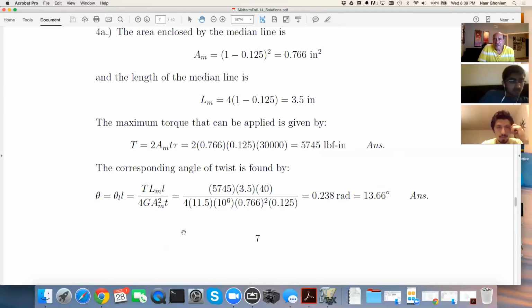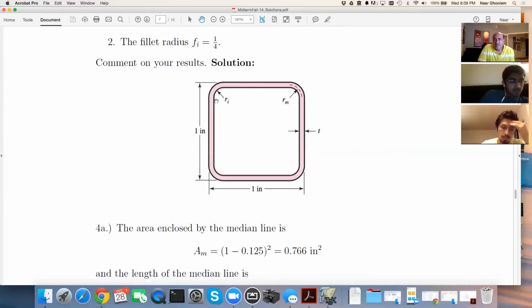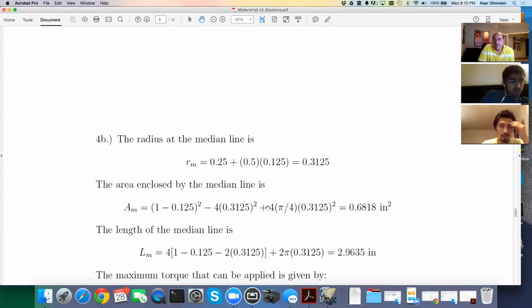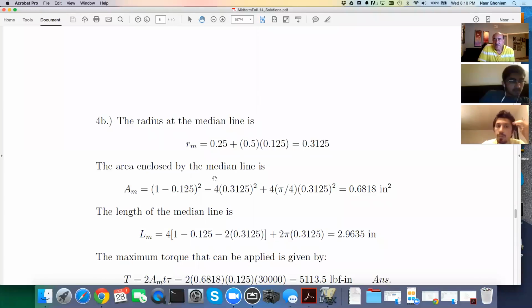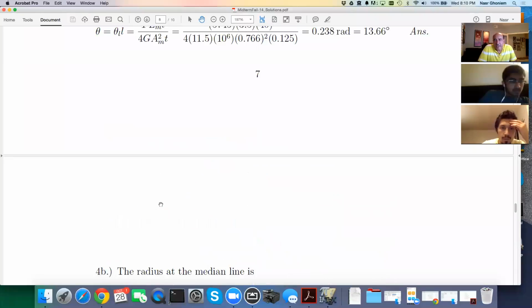Now, when we have the fillets, then the geometry becomes another geometry problem, because I have to find basically what is the mean radius, the radius at the median line, and then we have to find now the mean area. So it becomes a little bit of a geometry problem, because you have to subtract.